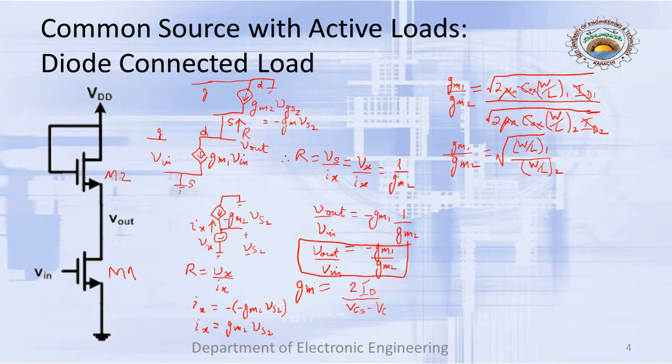How did we do it? We simply replace the value of VGS minus VT in terms of ID in the equation using the relation of saturation current, and we get this.